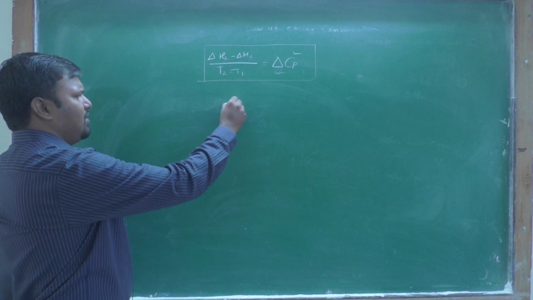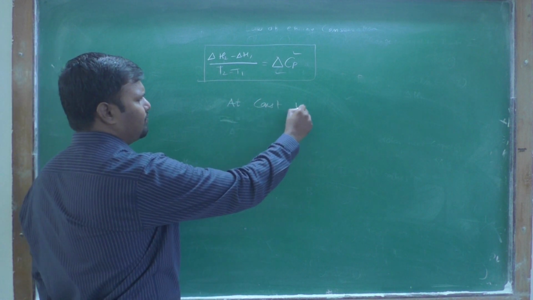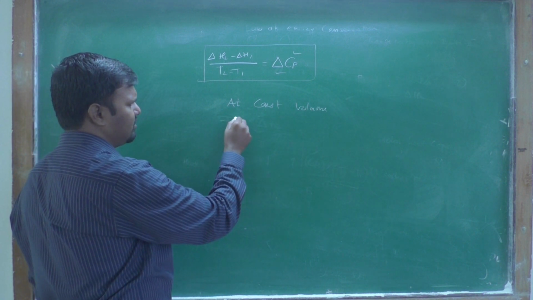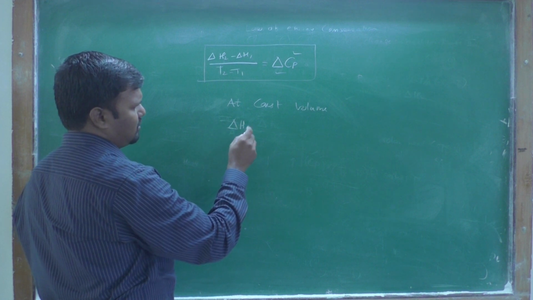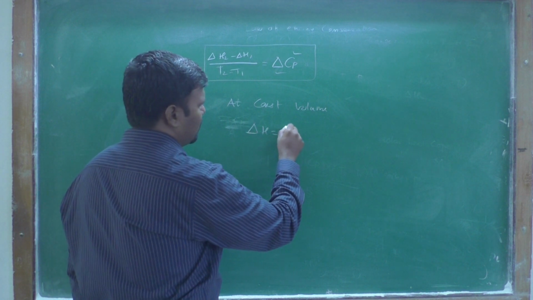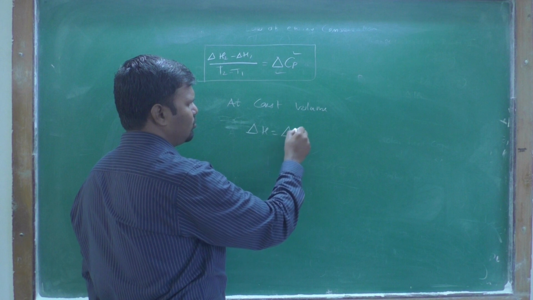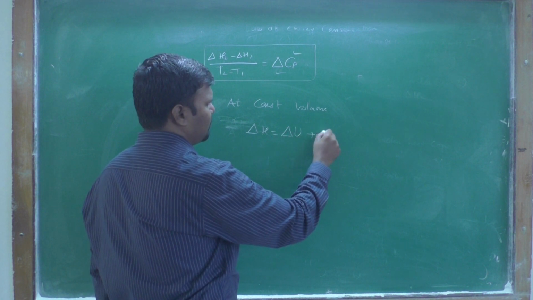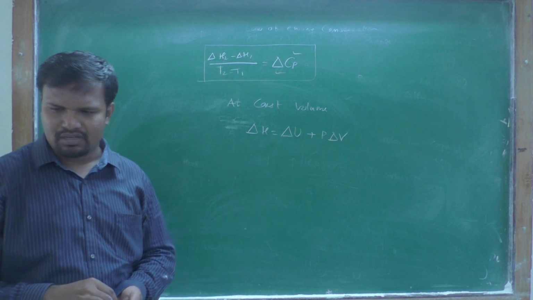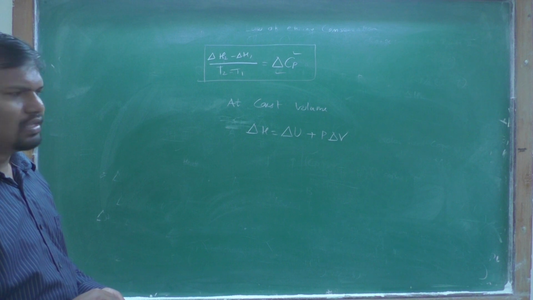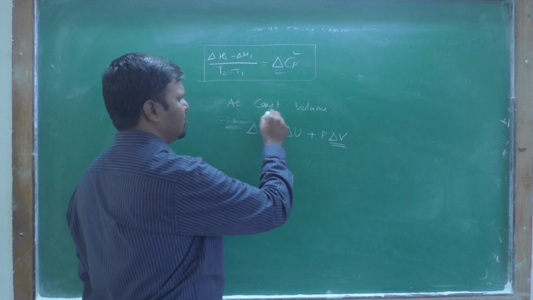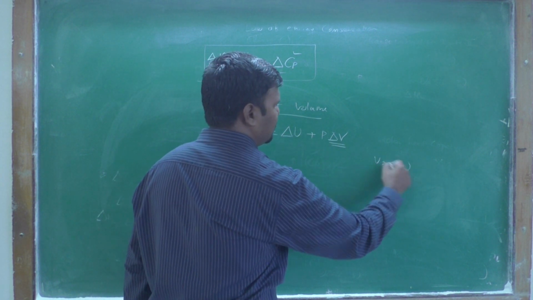Suppose we have at constant volume the equation delta H is equal to delta U plus P delta V. Now, when our volume is constant, then V2 and V1 are both constant.